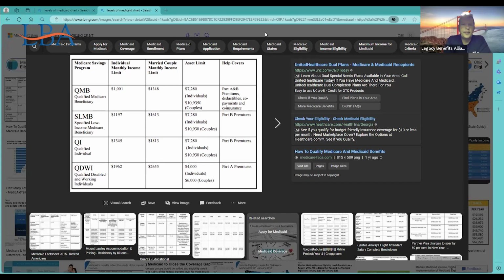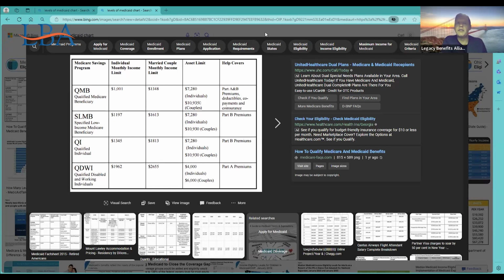Now, this is where things get a little weird, because different states will call things different things. So I pulled this one up specifically because it's generic in its terms. SLMB, or Specified Low-Income Medicare Beneficiary, is also partial Medicaid.